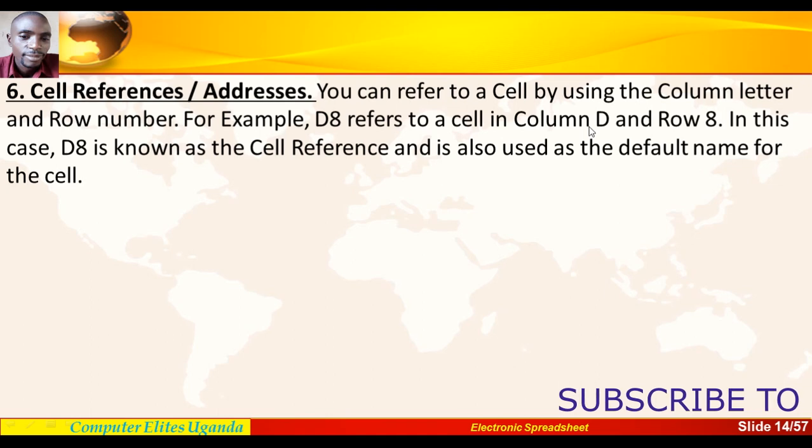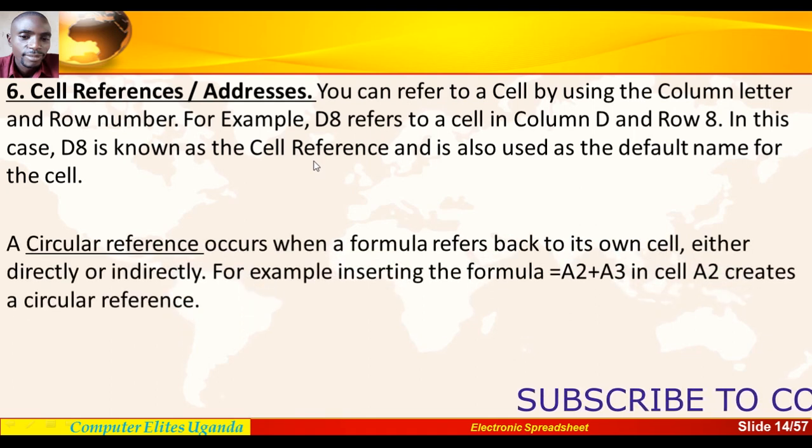In this case, D8 is known as the cell reference and is always used as the default name for the cell. So we always talk of column letters and row numbers when we are defining the cell address.